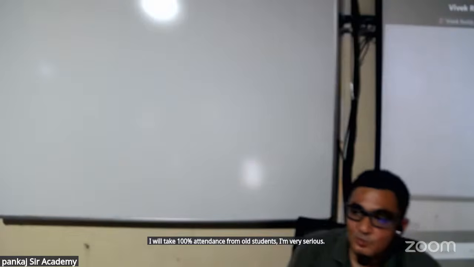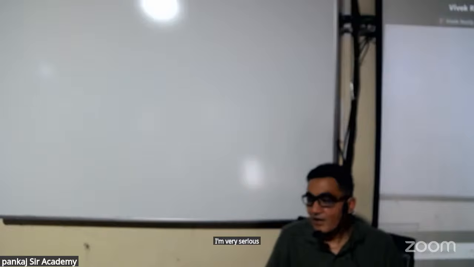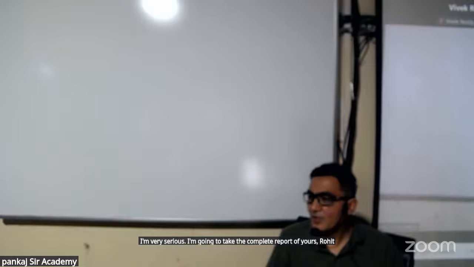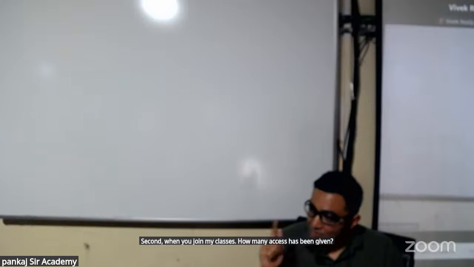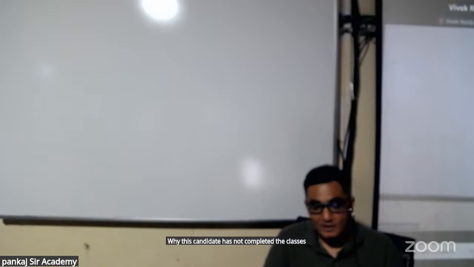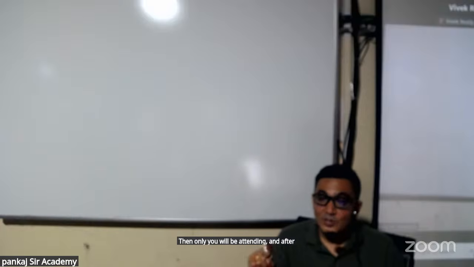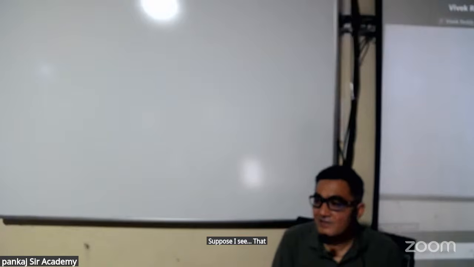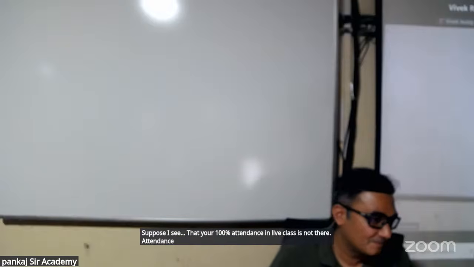I'm going to take the complete report of yours, Rohit, firstly. Second, when you joined my classes, how many accesses have been given? Why has this candidate not completed the classes so far? Then only you will be attending. And after that, suppose I see that your 100% attendance in live class is not there. Attendance gone, classes gone.